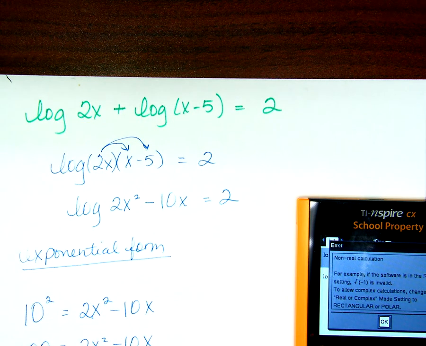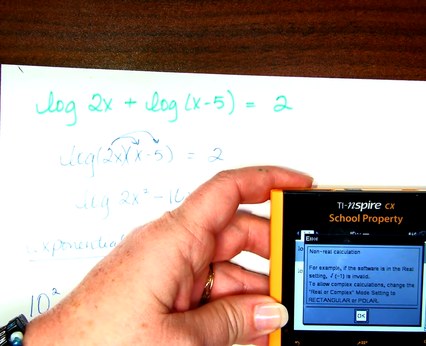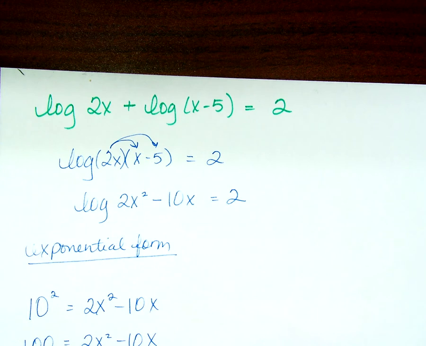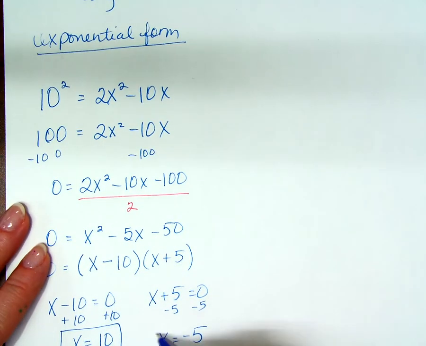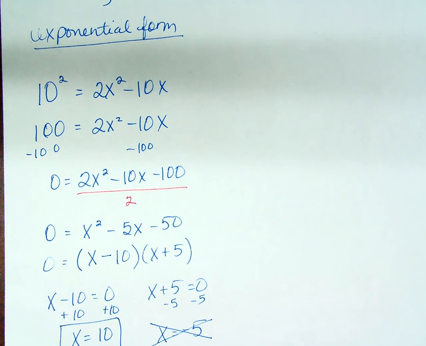Uh-oh. Something happened this time. What happened this time? Well, this time it says it's not real. So even though I got 2 answers, this one doesn't work. So x equals 10 is our correct answer.